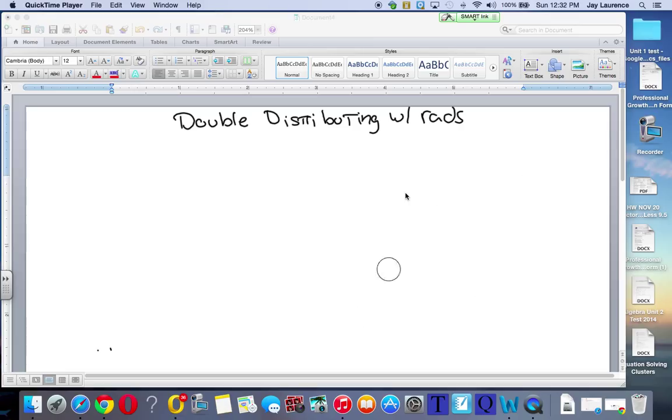There we go. So we'll do 2 more examples of these, okay? So how about we go with 4 minus 2 rad 7 times the quantity of 3 plus, let's go with 2 rad 5. Okay, that'll be example 3.